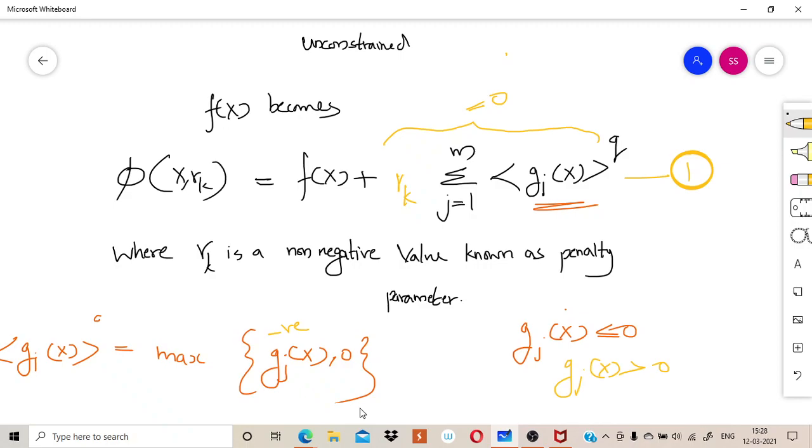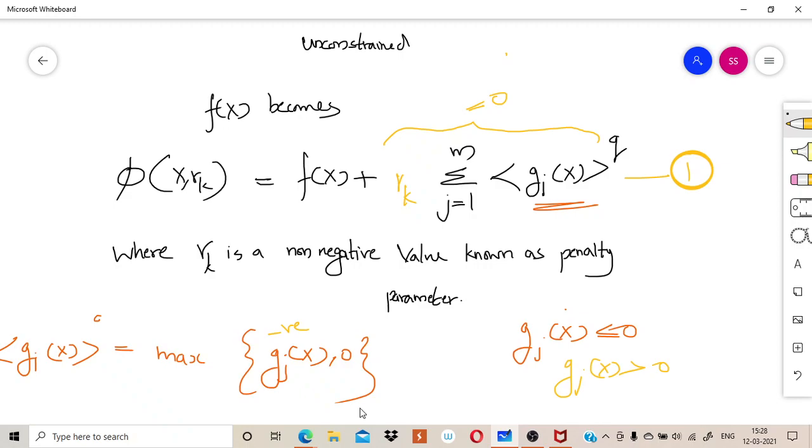And so this constrained nonlinear programming problem is now formulated as an unconstrained nonlinear programming problem by adding or augmenting this penalty, so that you can solve this by our unconstrained optimization technique.